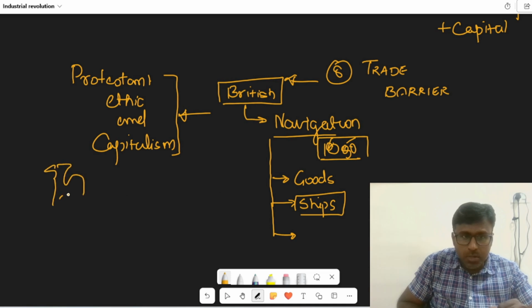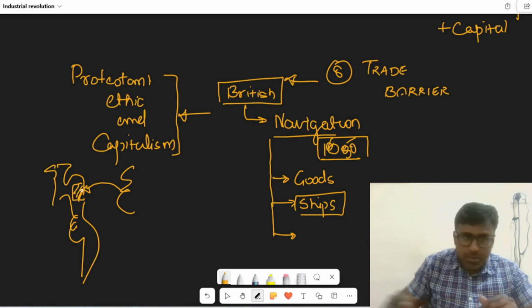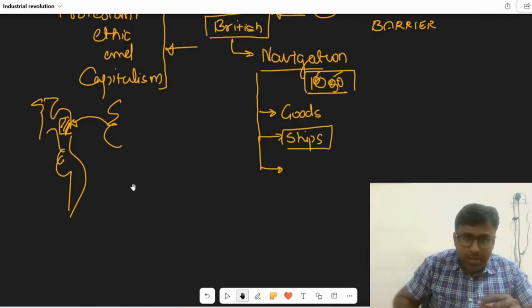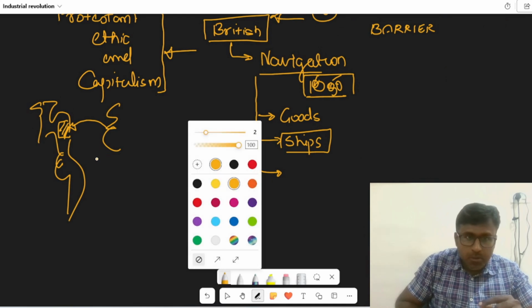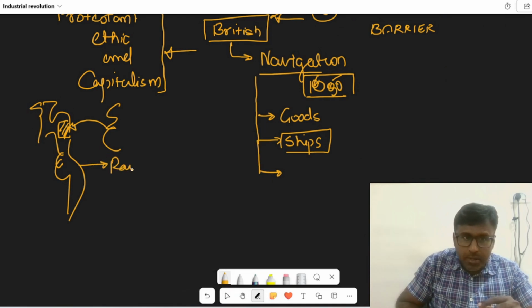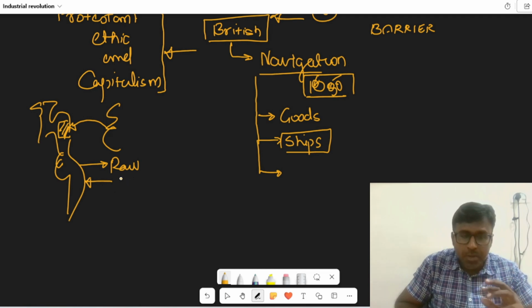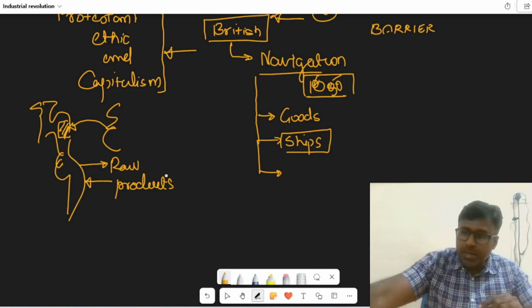But what you should note is that they made this colonization from Europe in the eastern section. But they had a condition that they will take the raw materials, but the people in USA should use only the products manufactured in Britain.